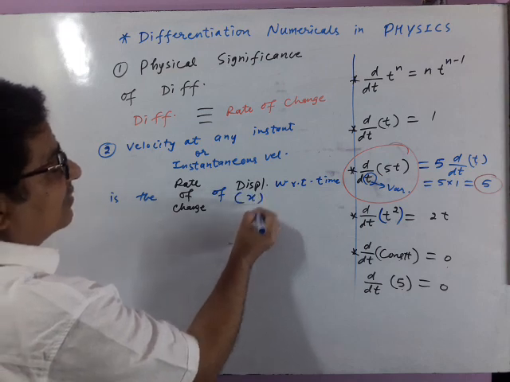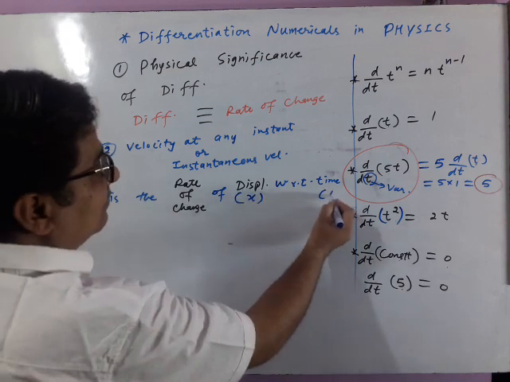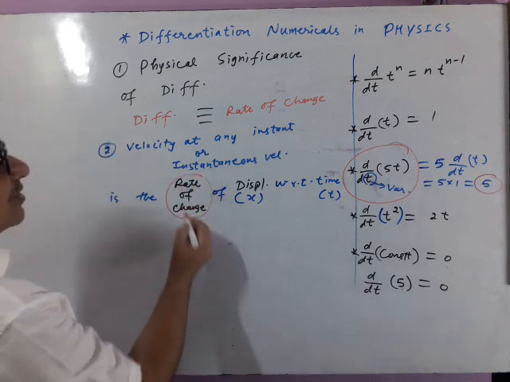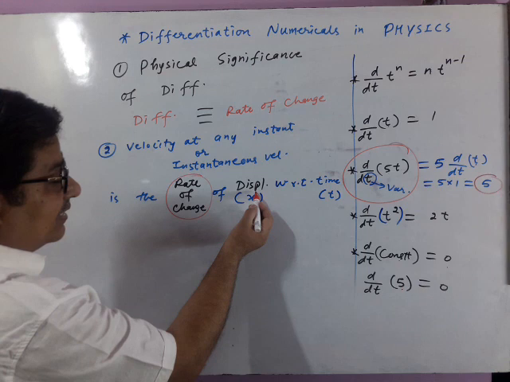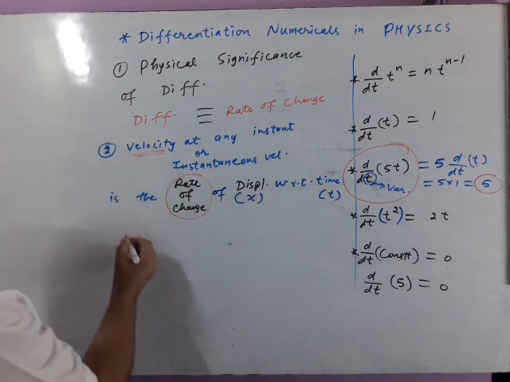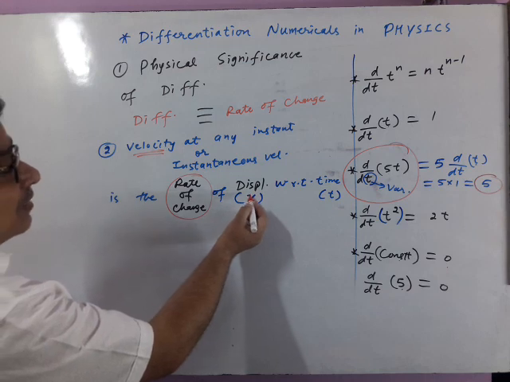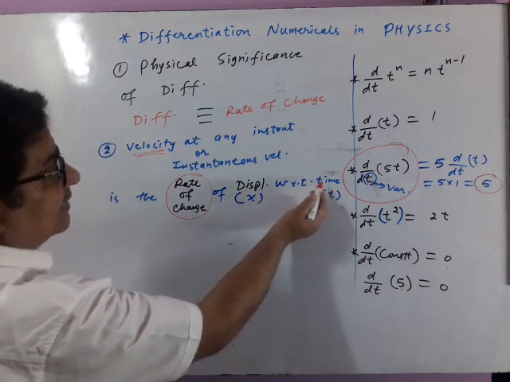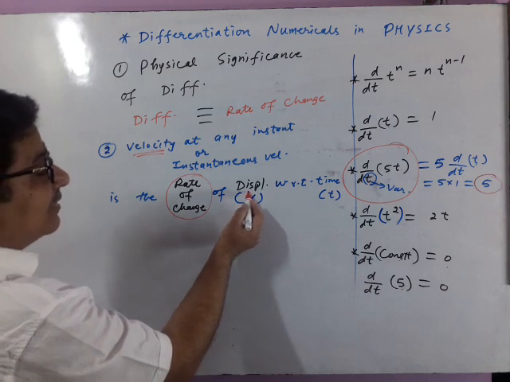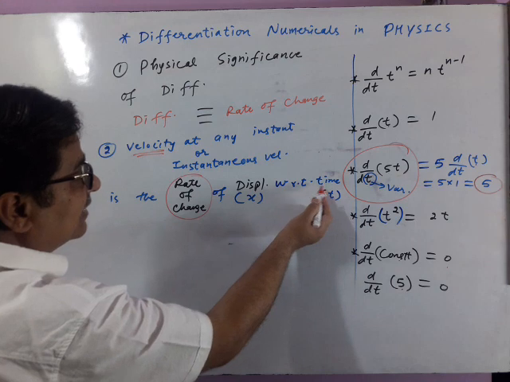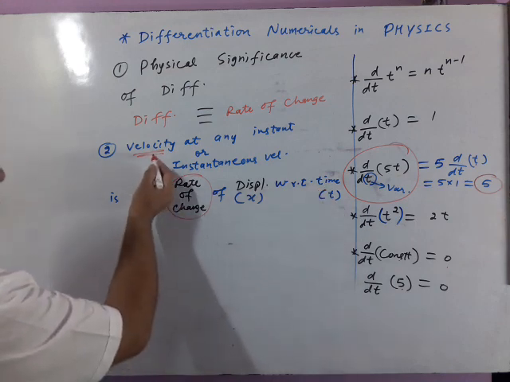Let us say we write it with x and time with t. How displacement is changing with respect to time is called velocity at any instant. Like your vehicle moving at 10 meter per second, it covers 10 meter displacement in 1 second. So 10 meter per second, that is the rate of change, called velocity.